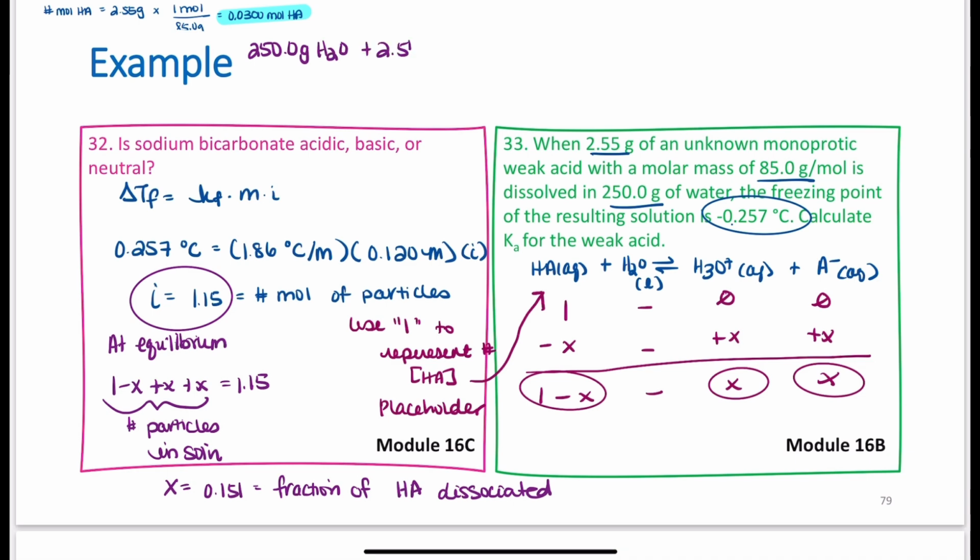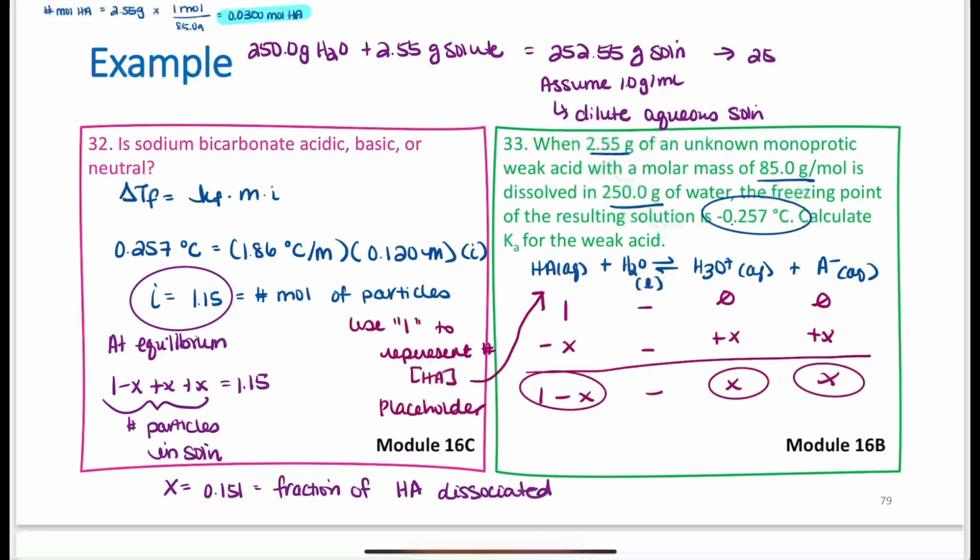I also added 2.55 grams of solute. This equals 252.55 grams of solution. It is an aqueous solution, so I'm going to assume 1 gram per mL. That is very common for dilute aqueous solutions to do.